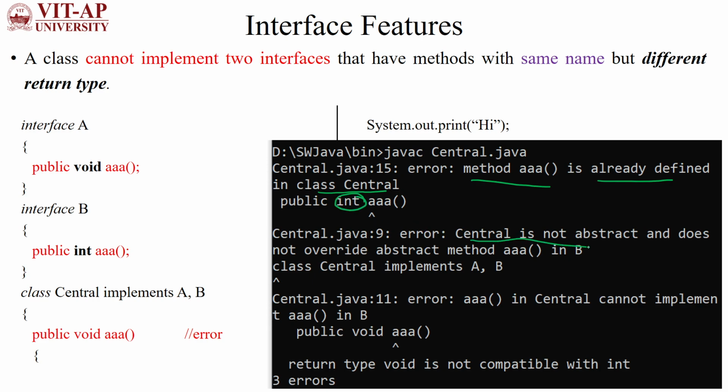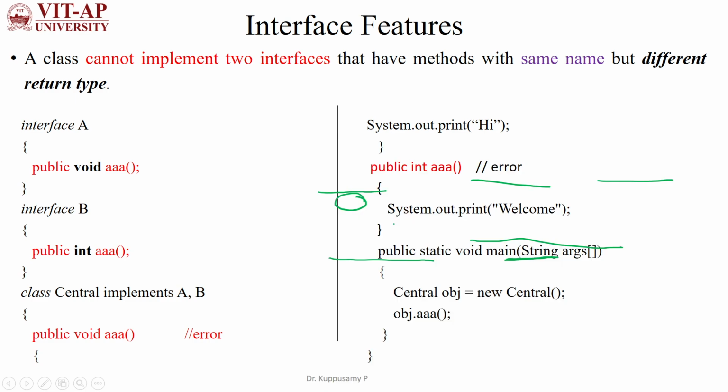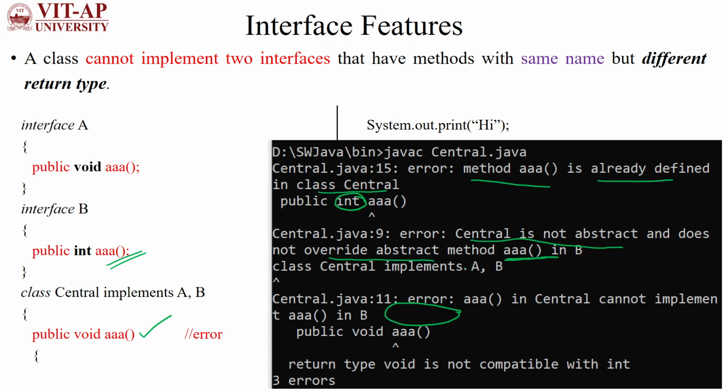Then Central is not abstract, that means Central is a class which is not an abstract class and does not override the abstract method tripleA in B. Because here we are calling the method tripleA, it overrides the method void tripleA, but it is not overriding the method available in the interface B. That's what it's saying: it is not overriding the abstract method tripleA in the interface B.